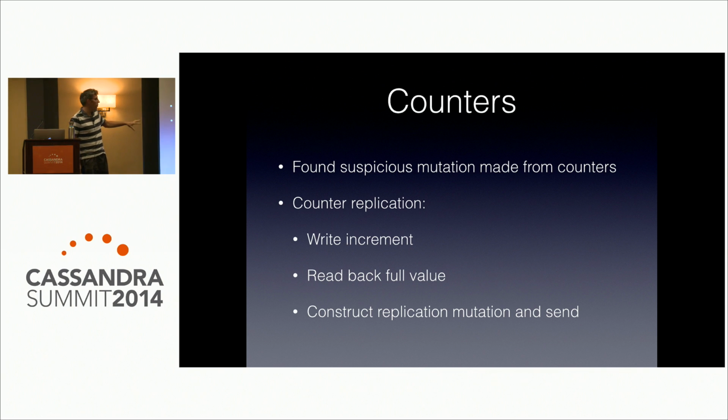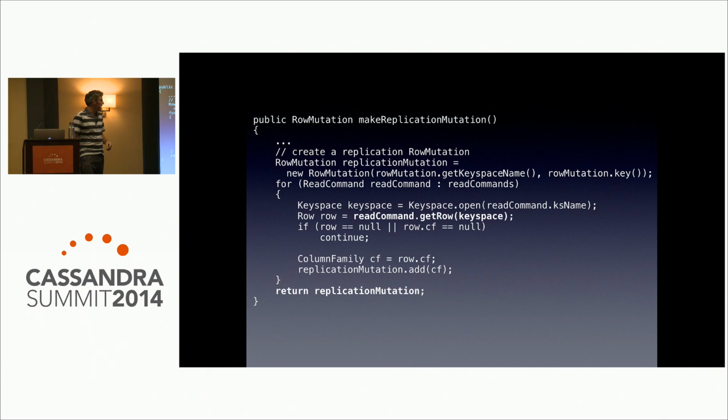So it's quite a lot more complicated than a normal write. There is a read here, so this is why it might be suspicious. Here's the code that deals with the counter replication. This line here does the read, and then we return it.